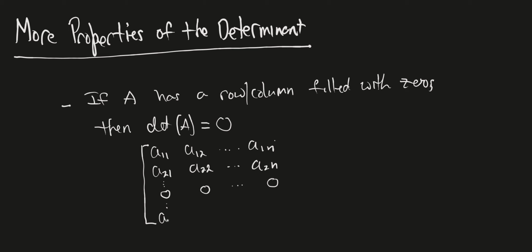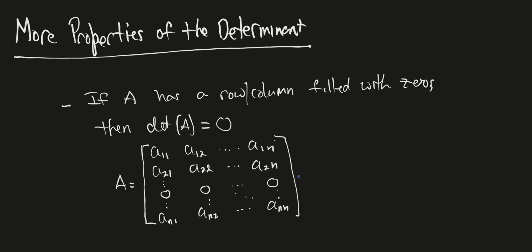And then we go down to An1, An2, dot dot dot, Ann. Well, if this is my A, because of Laplace's theorem I can use cofactor expansion using any row or column. And the whole idea about that theorem is that if you have a row or column that has a lot of zeros, that's the row or column you should use. So I'm going to choose this row, and I'm just going to call it row i.